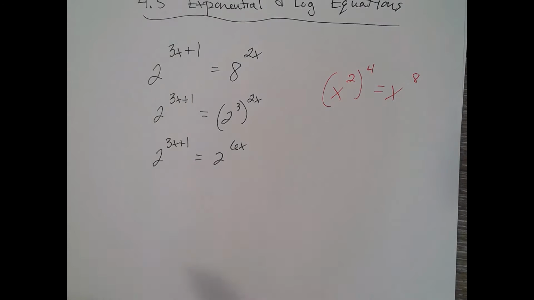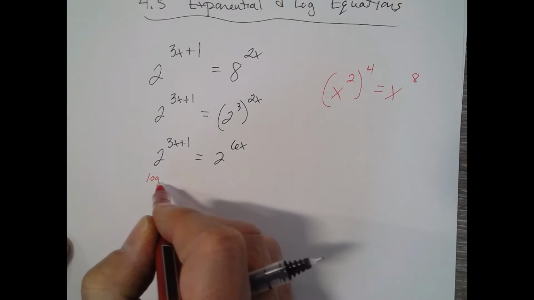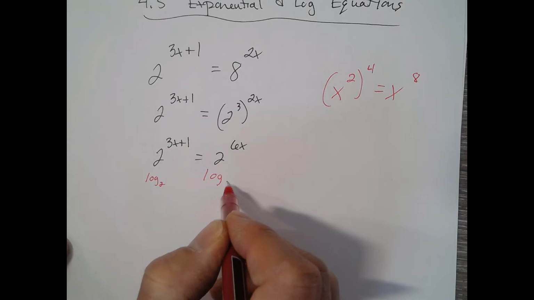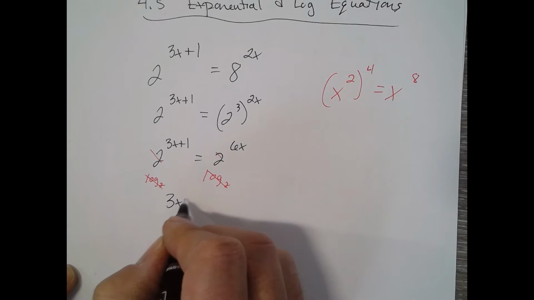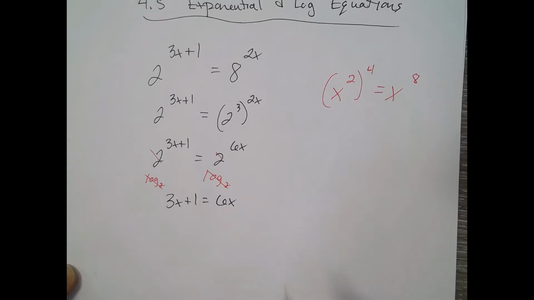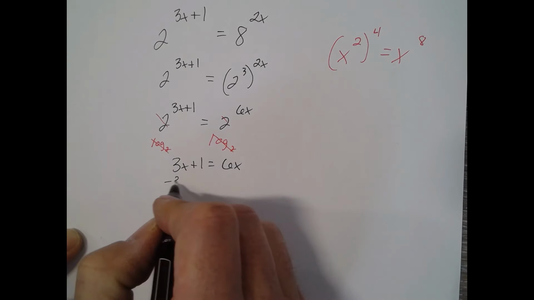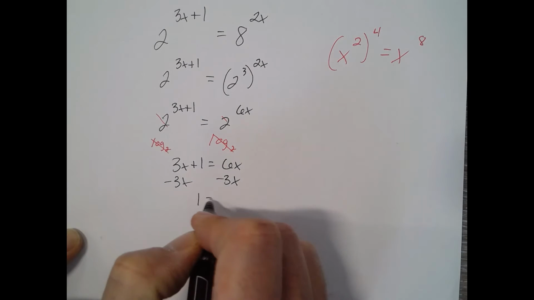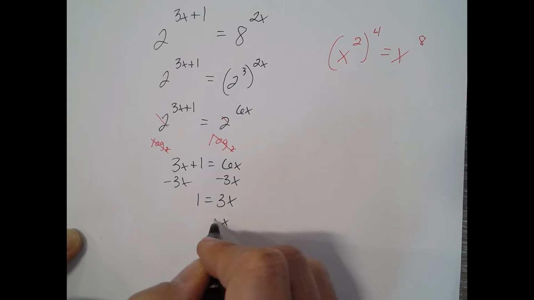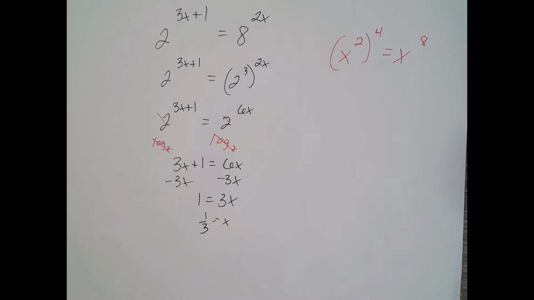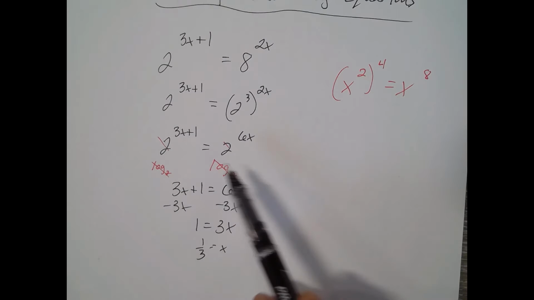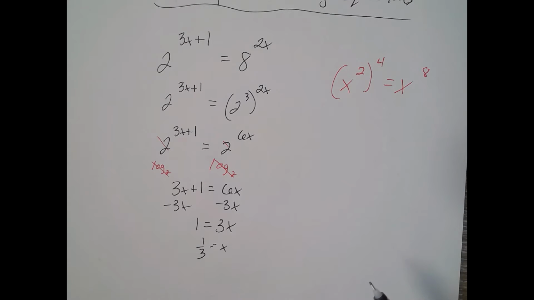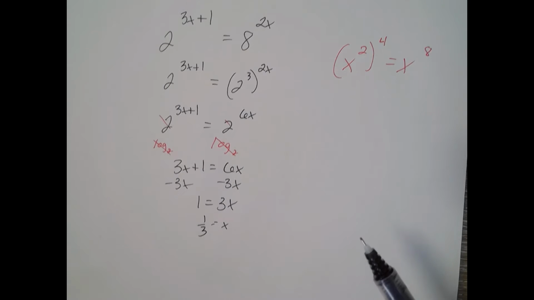Or if we wanted to, we could do a log base 2 of each side, which just gets rid of the bases. So basically it's 3x plus 1 equals 6x. So x equals 1/3. Okay, so this type of problem, we can write them with the same base, and then you just set the exponents equal to each other. We can't always do that, but that's one possibility.